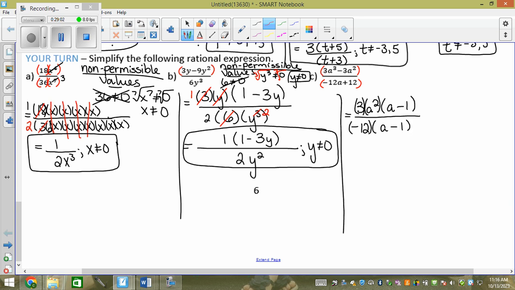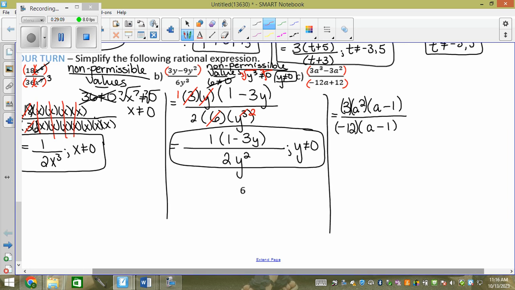And I see some things I can cancel, but I can't cancel them off until I state my NPVs. So, does the 12 get me an NPV?